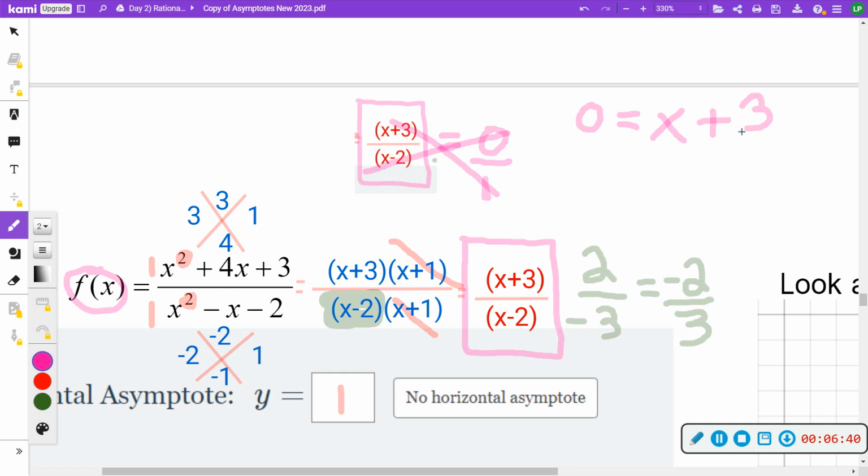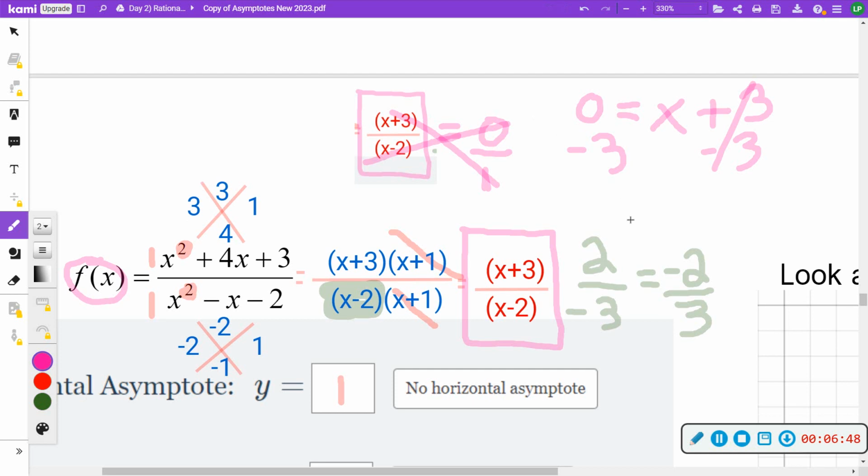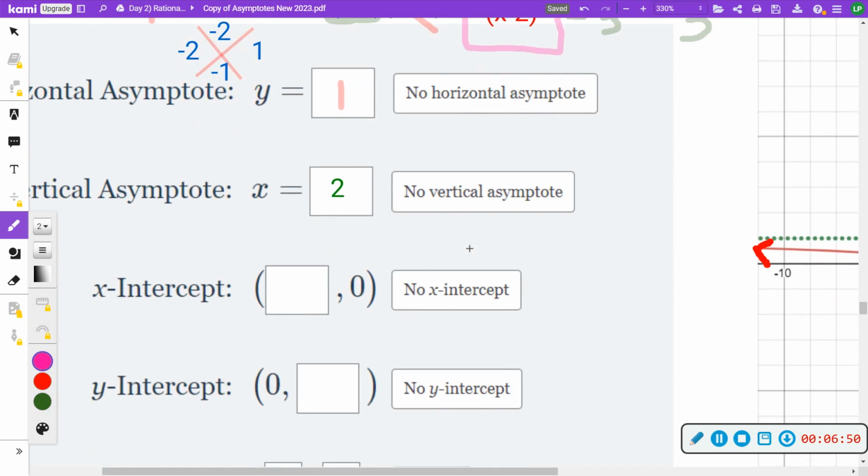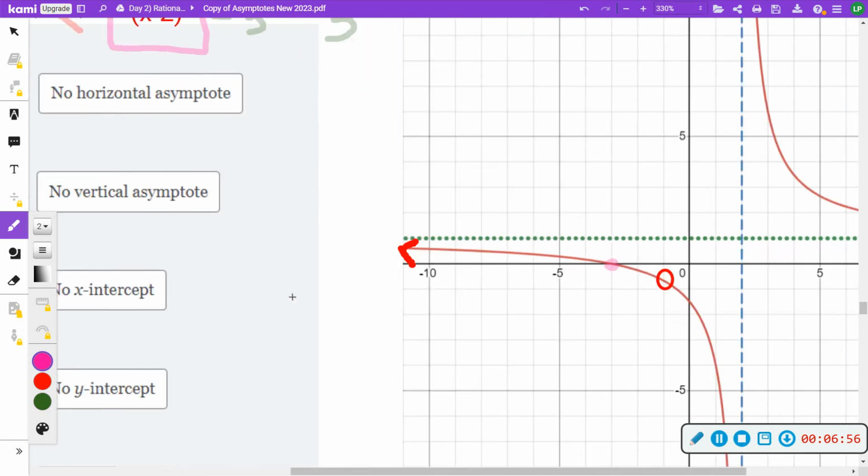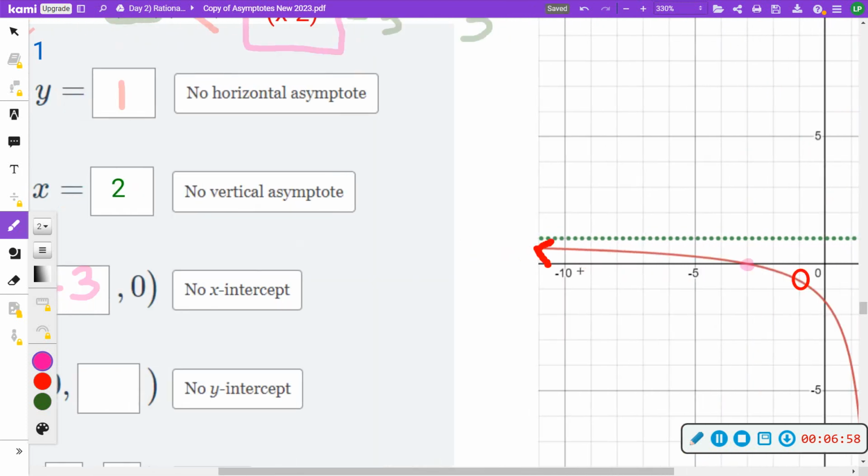What number plus 3 is 0? I subtract 3 from both sides and I get x is negative 3. So my x-intercept is at negative 3, 0. We can see that by the graph as well.